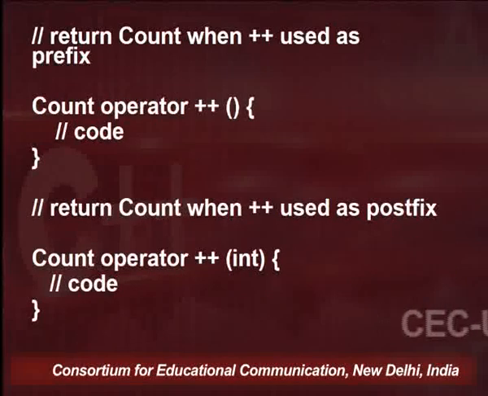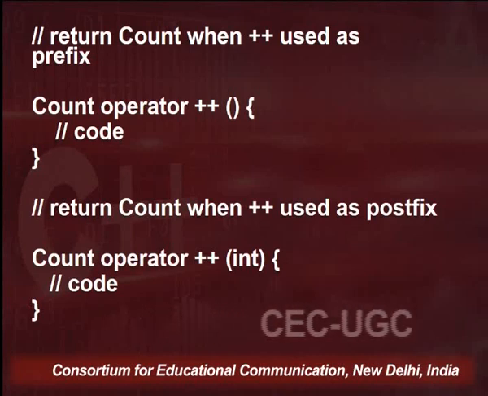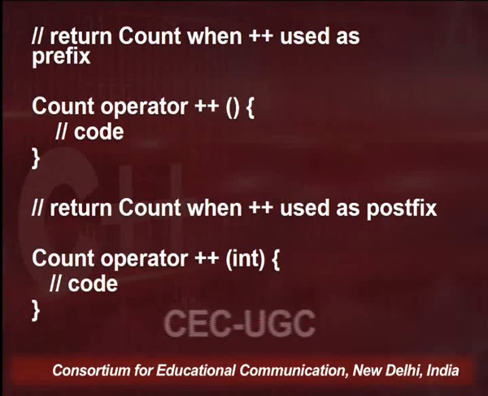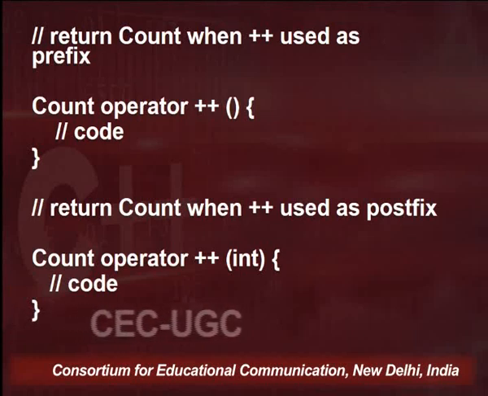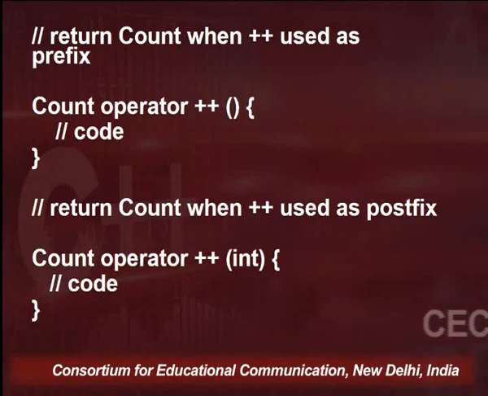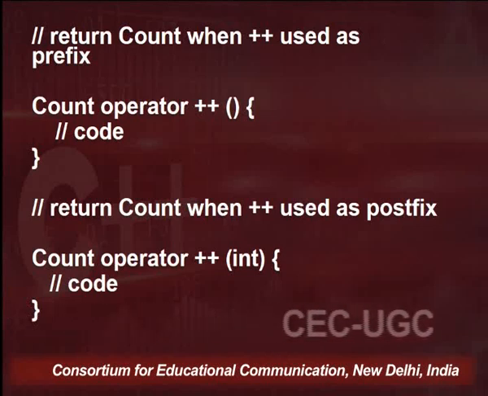Let's see. Whenever I use plus plus as a prefix, we write count operator plus plus, and then the code says ++value. That's okay, but here instead of void we have written the object as count, and in the postfix version also, instead of void as the return type, we have written the object of the class, which is count.